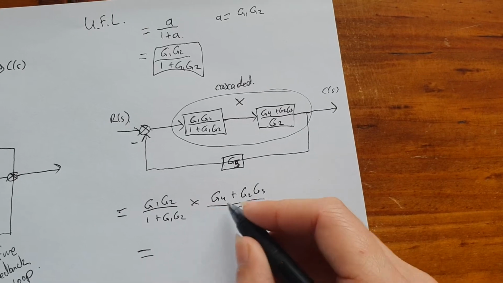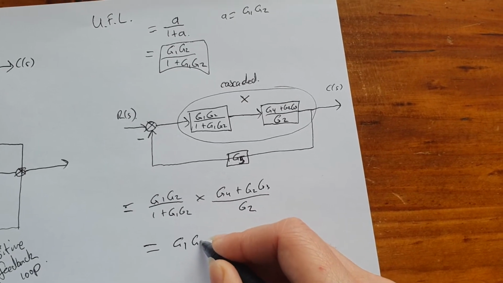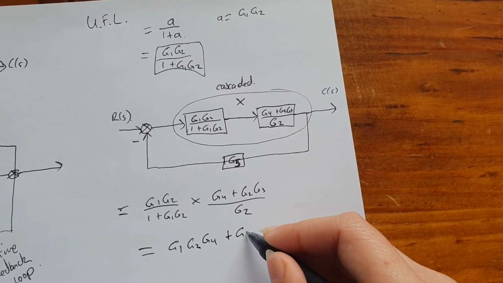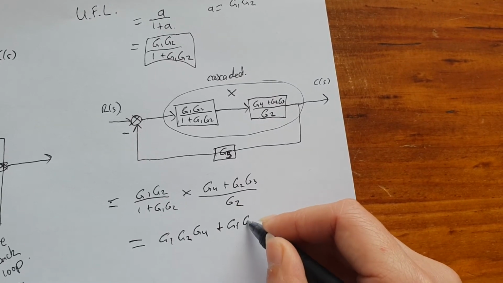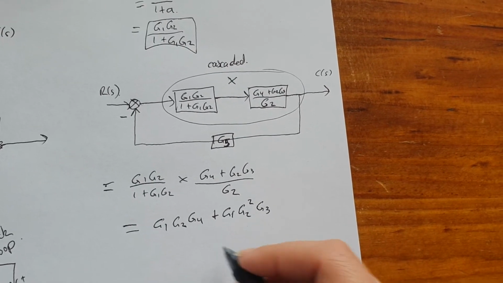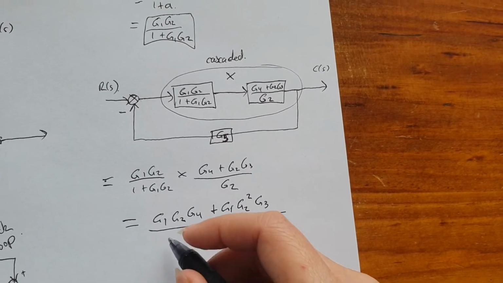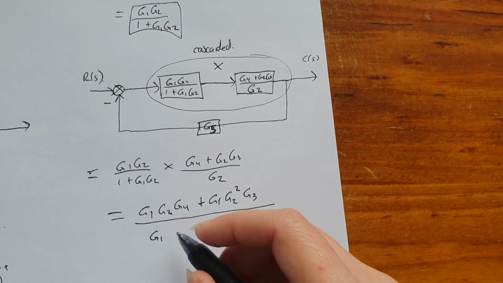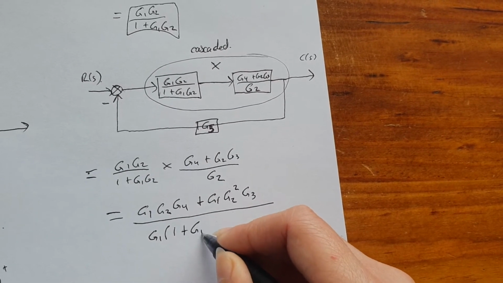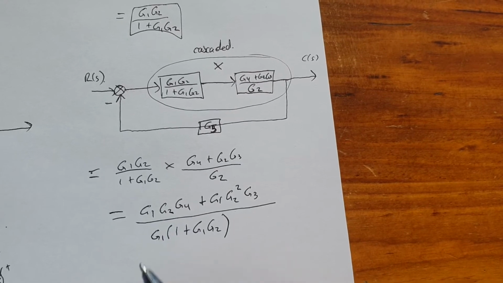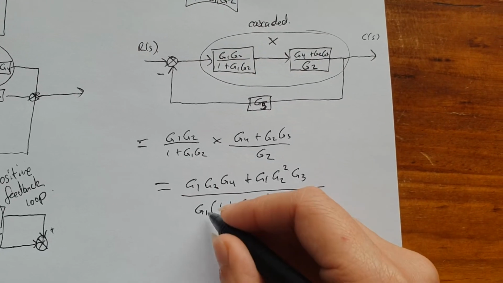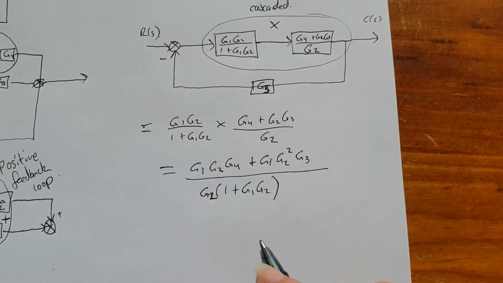So once we expand that all out, we can get G1, G2, G4 plus G1, G1, G2 squared, G3 over G1, and I'm just going to skip a couple of steps, go to G1 plus G1, G2. I just took the G2 out after expanding them.